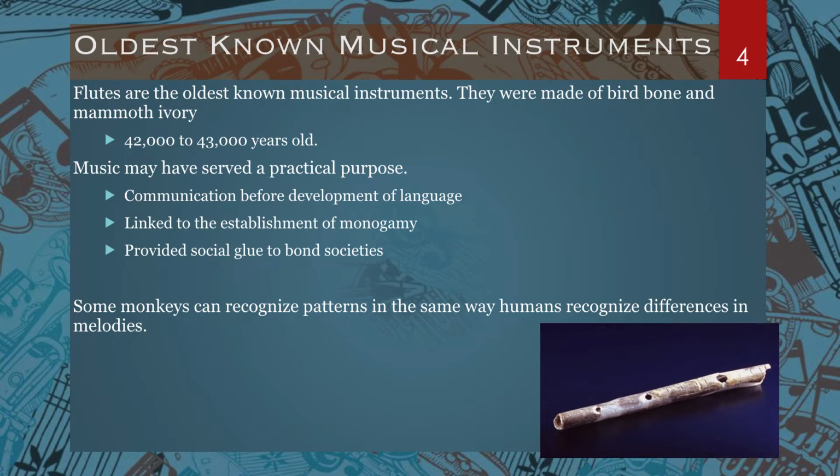Music is also believed to provide a social glue that helps to bond societies. So if you have two different tribes that never see each other, both tribes are going to develop their own language and their own music for the culture. And so if a member from the other tribe suddenly comes across the new tribe, then it's a pretty simple way of identifying that that person isn't part of the tribe.